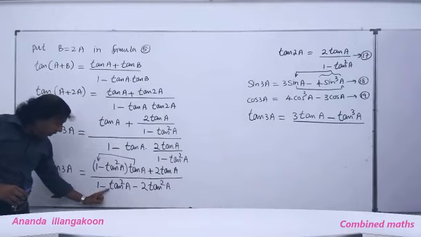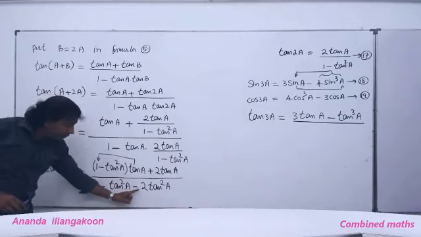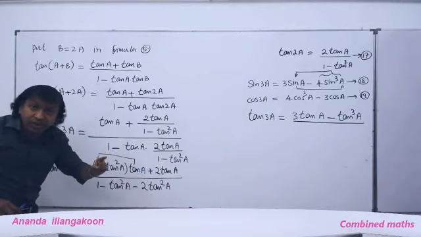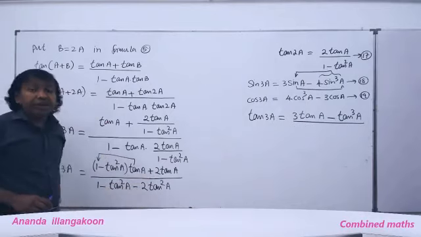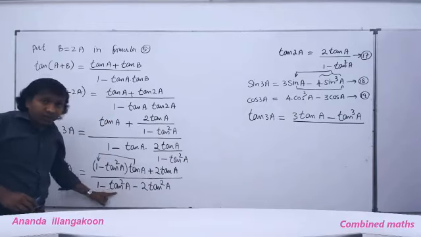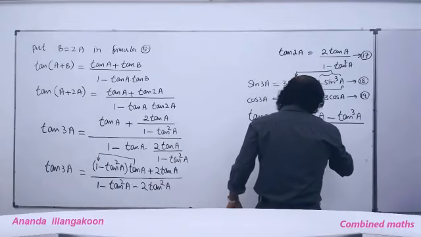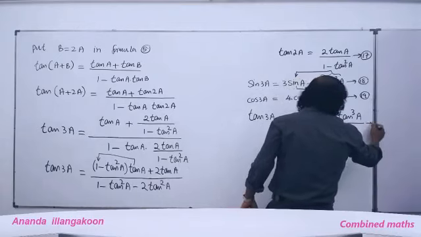So now, what do we have here, people? Here, tan squared A means 1 tan squared A minus 2 tan squared A. If you take this tan squared A as x squared, what do you have here? Minus x squared minus 2x squared. It is minus 3x squared. So therefore, 1 minus 3 tan squared A. This is number 20.